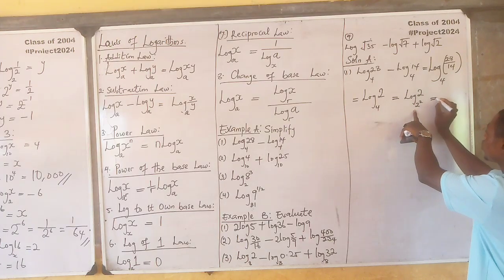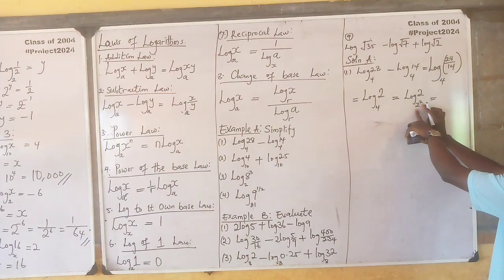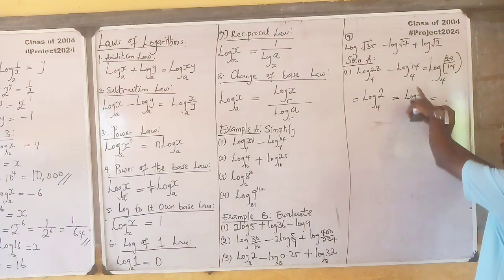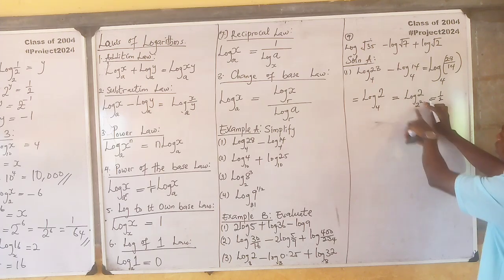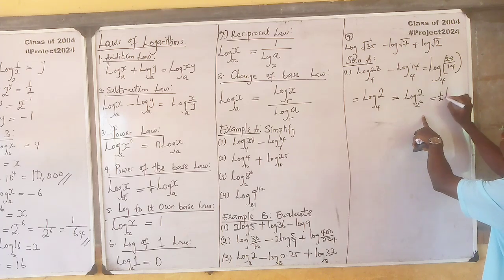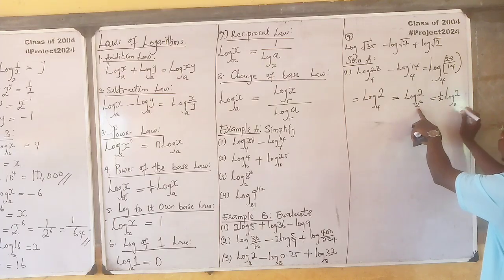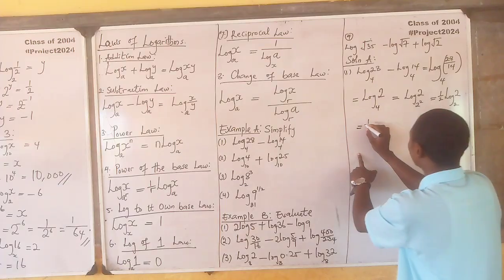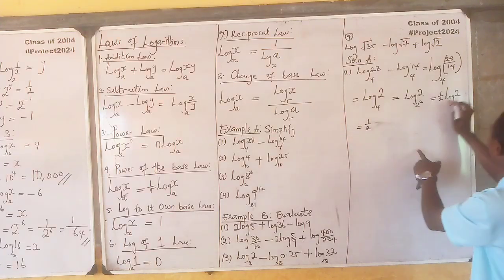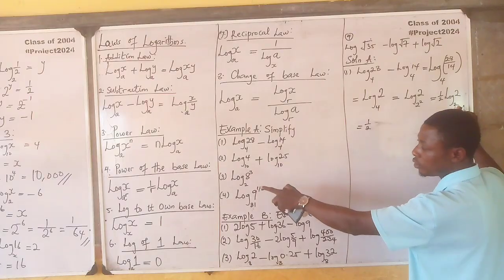Now, when the base has a power, you take its power to the front, but it becomes the reciprocal, 1 over 2, because the power is 2, then log of 2 to base 2. So this is going to be equal to 1 all over 2, then log of a number to the same base is 1, from the law there.